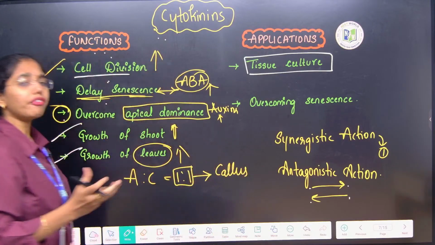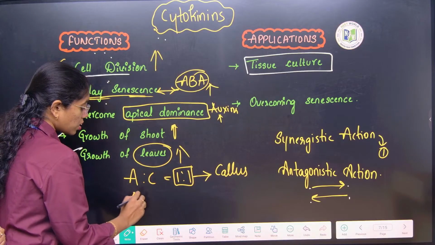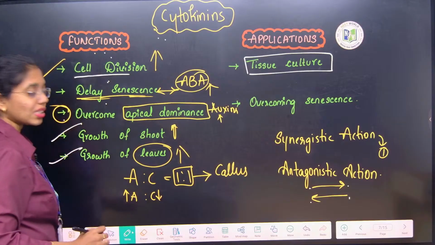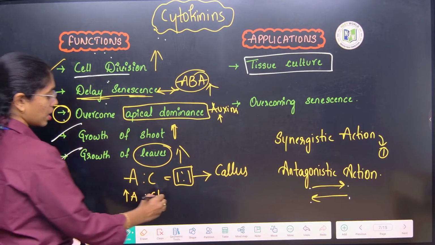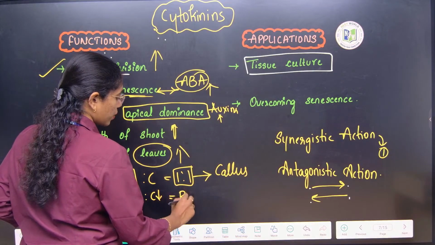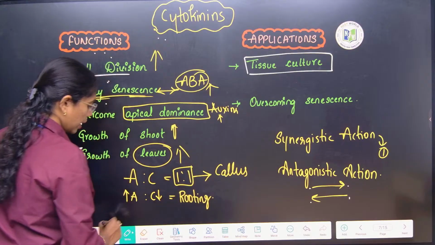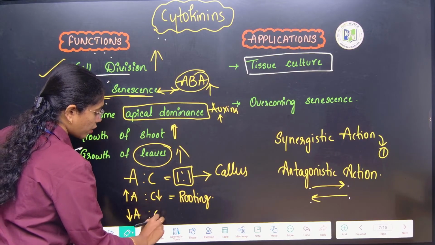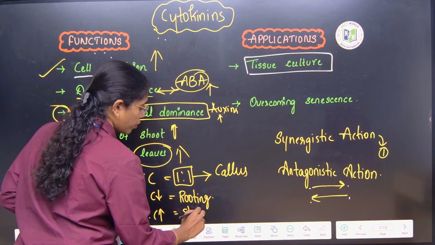Callus is undifferentiated plant mass, and if auxin concentration is more and cytokinin concentration is less, this performs the activity of rooting. Okay. Next, if auxin concentration is less and cytokinin concentration is more, this performs the activity of shooting.